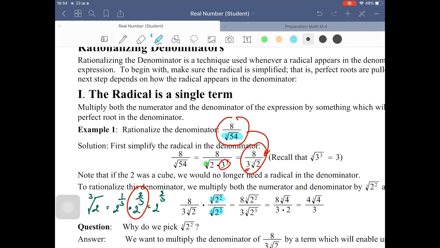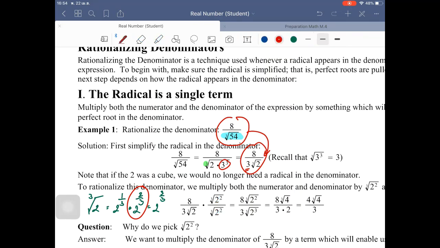We need to have 3 common numbers to take it out from the radical, but actually now we have only how much? 1. We need 2 more.